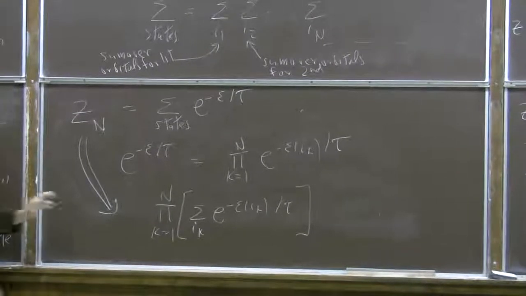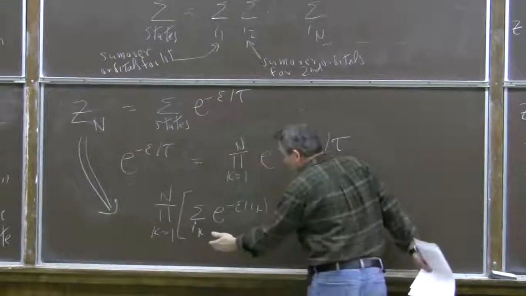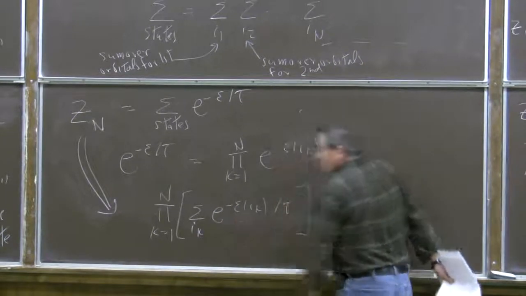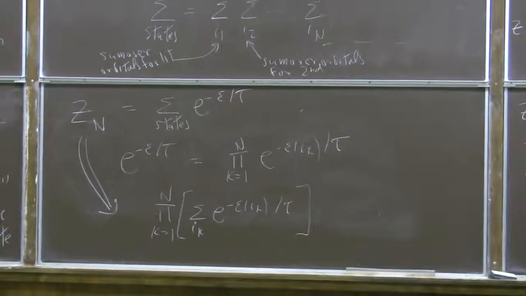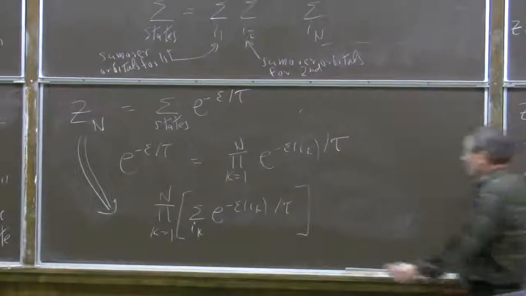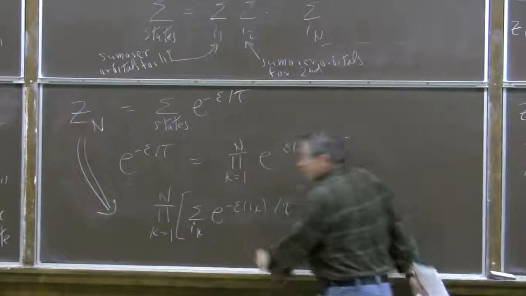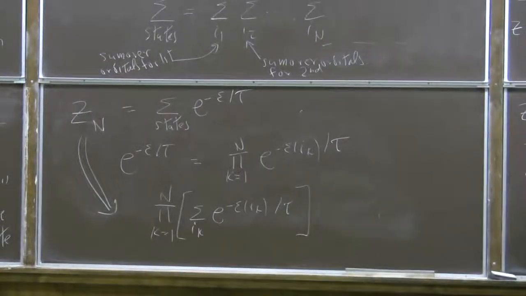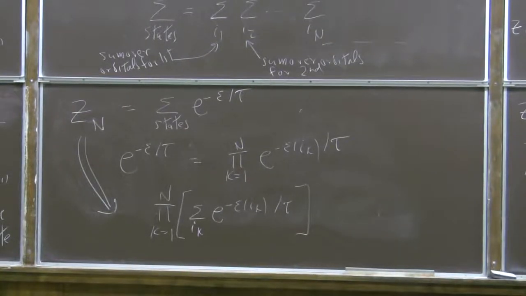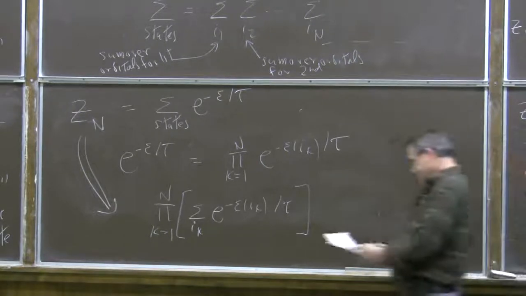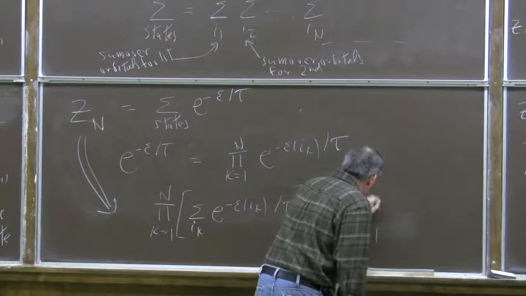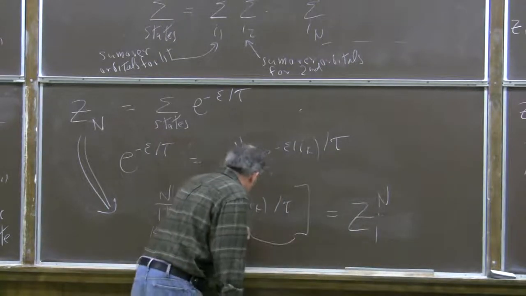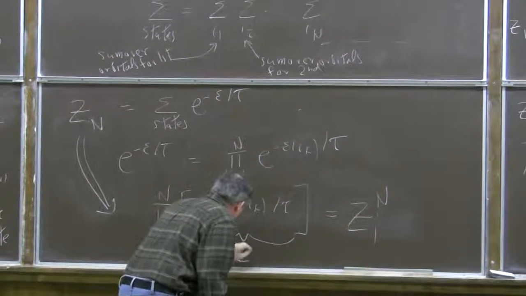For a single particle, this is the sum over all the orbitals times the Boltzmann factor for the orbital for a single particle. Okay? So in the end, the answer is very simple. It's just the product altogether n times of the single particle partition function. So I can write this as z1 raised to the power n.